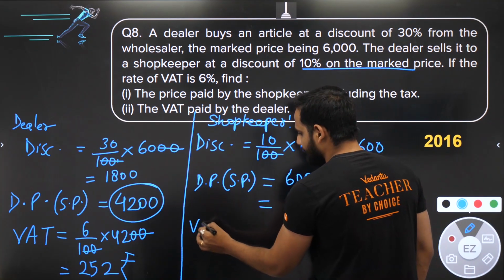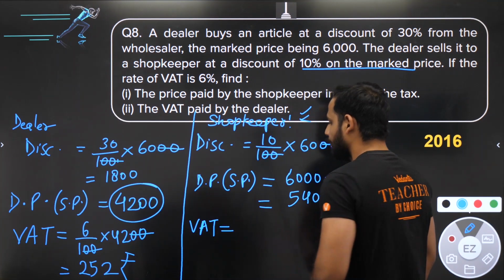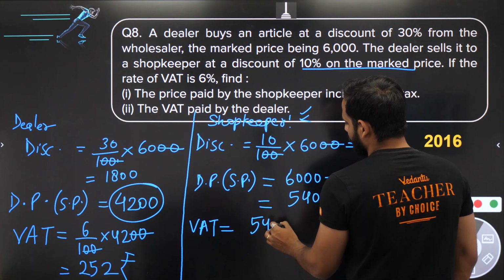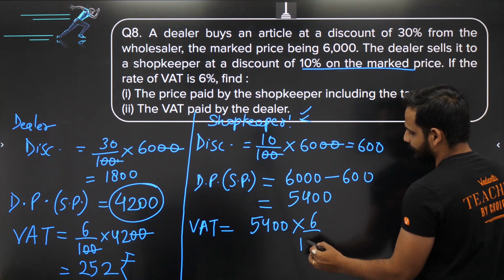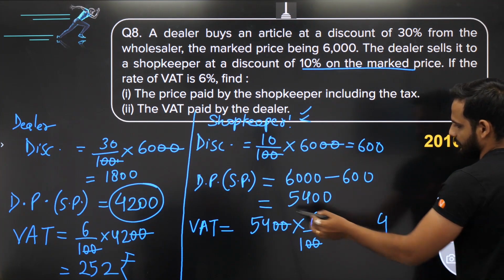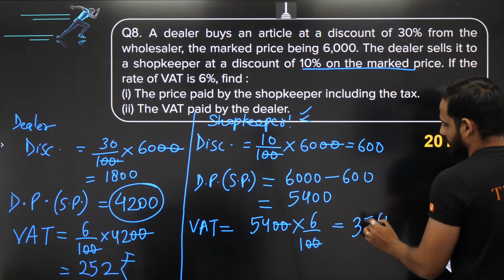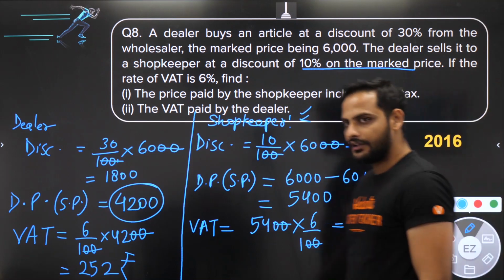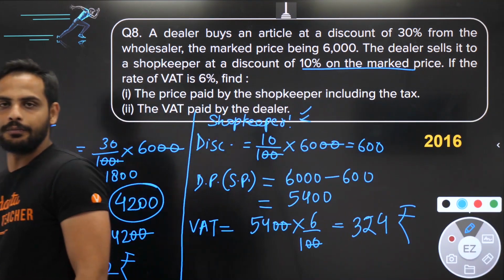So the VAT will be equal to 5,400 into 6% of it, which is 324 rupees. So the shopkeeper has paid 324 rupees as the VAT.